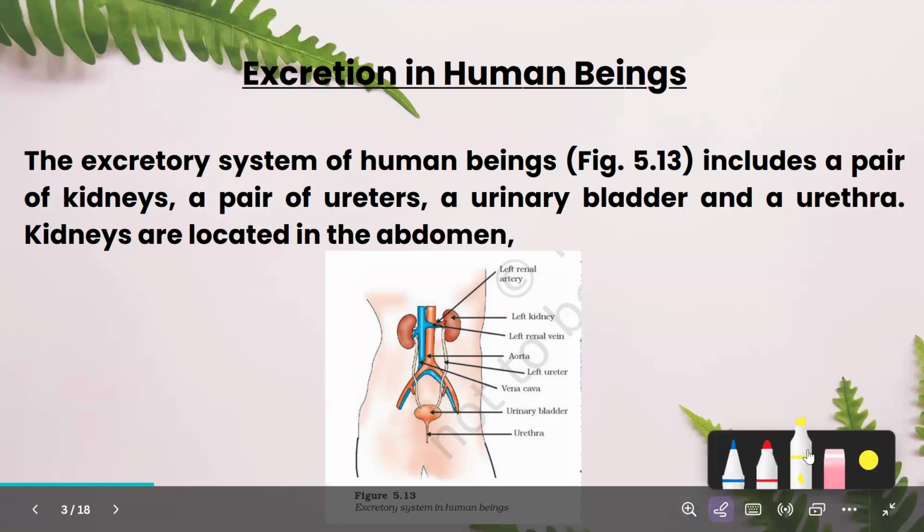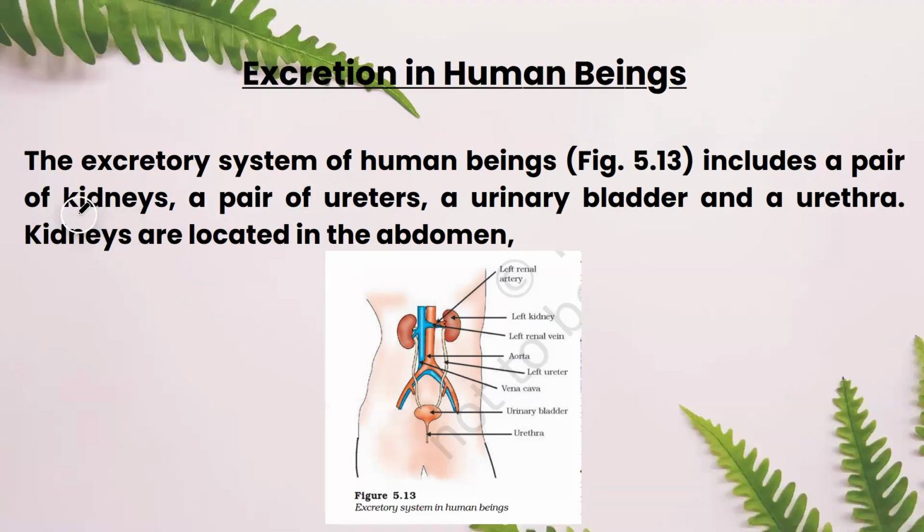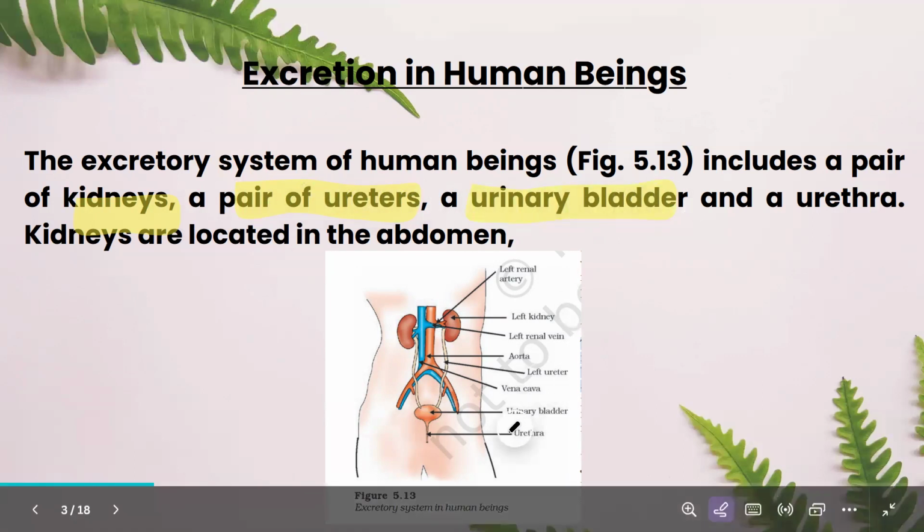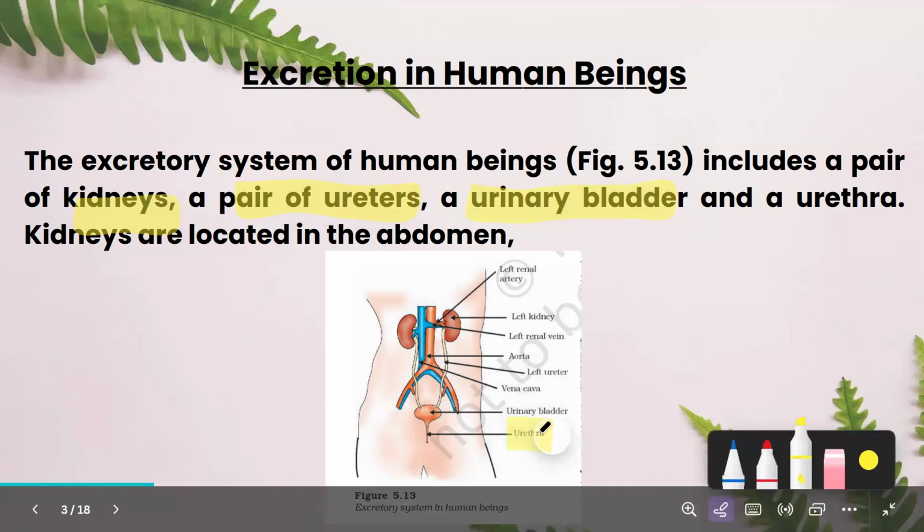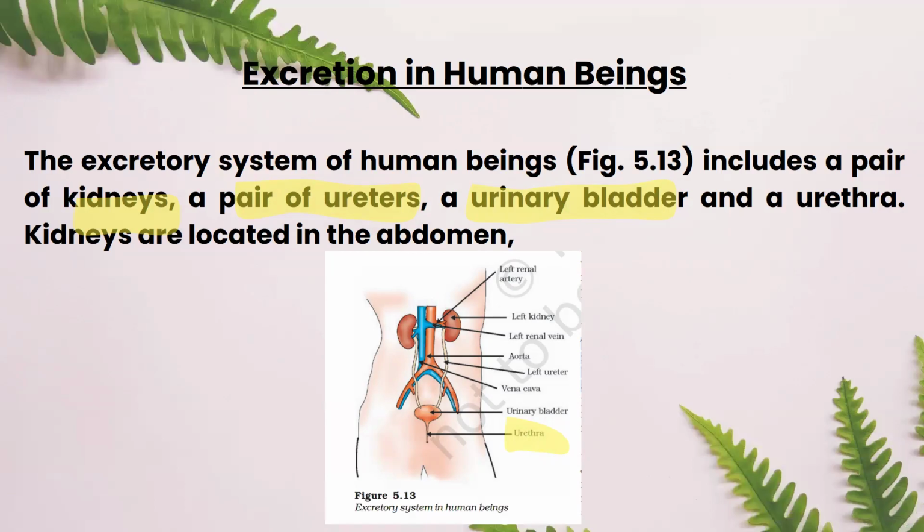So what we can see in the human excretory system is one pair of kidneys, one pair of ureters, the urinary bladder, and here you can see the urethra.